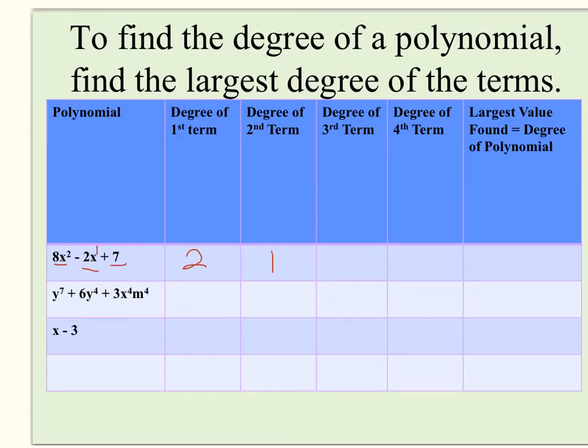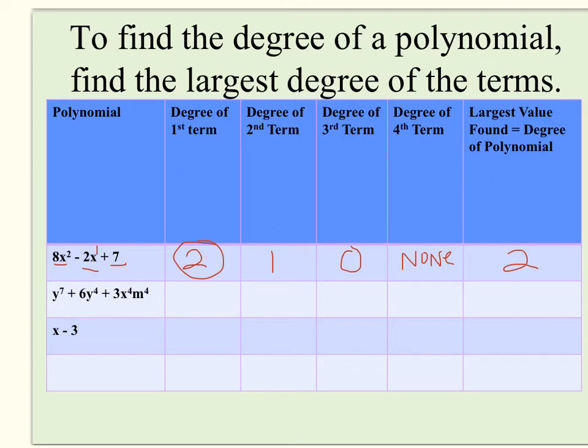And the degree of the 7 is 0. There is no fourth term, so we don't even worry about that. So what's the largest value found in this polynomial? Well, it's 2. So the degree of this polynomial is 2. How easy was that? Pretty easy, right?